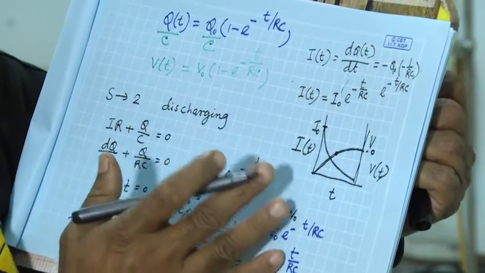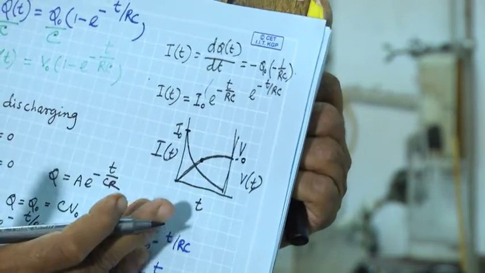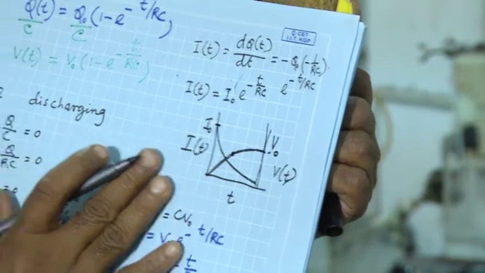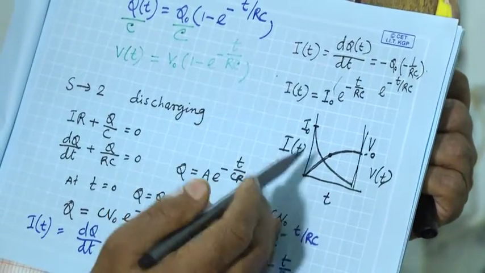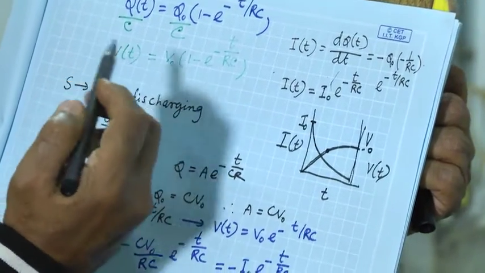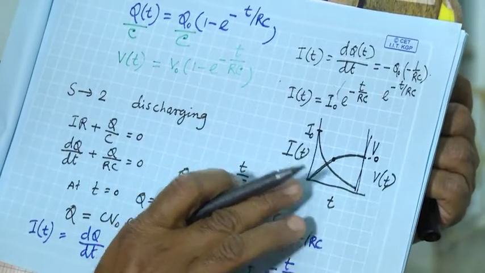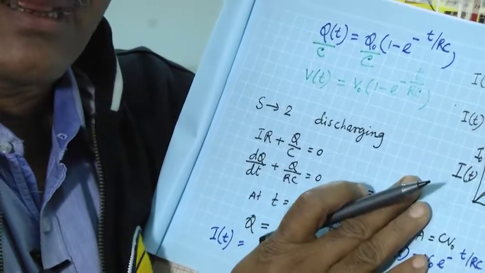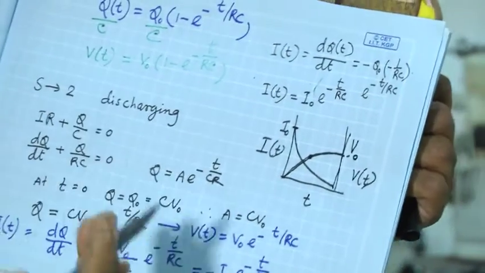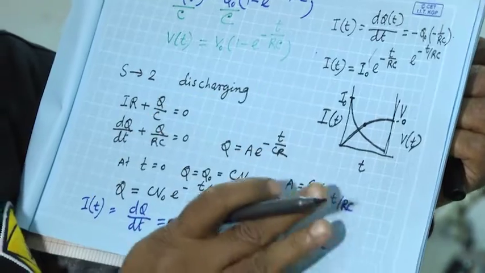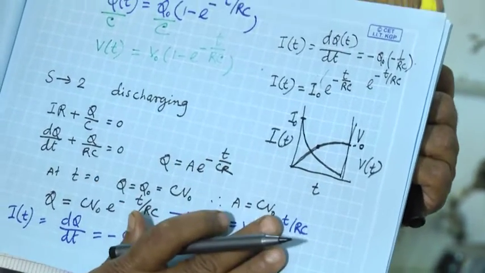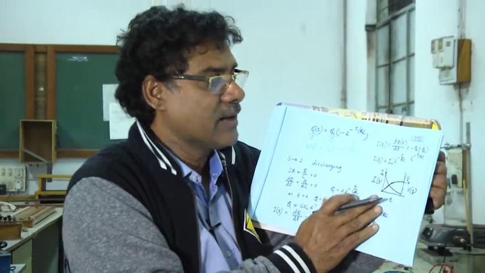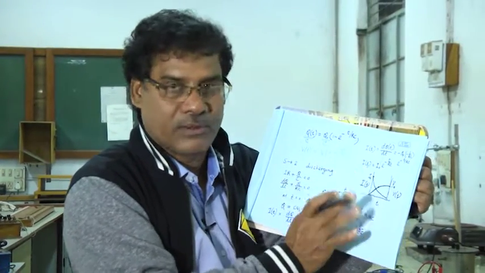So that RC is what we want to measure. In this experiment we want to plot the current as a function of time, and voltage as a function of time, during charging as well as during discharging. And then from this variation one can find out the time constant tau. For that we generally use a log plot.